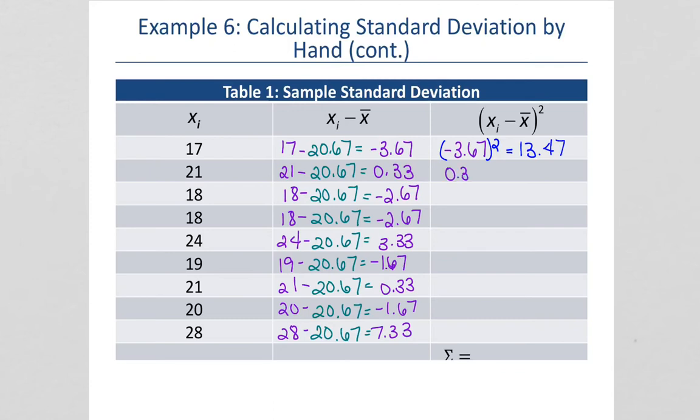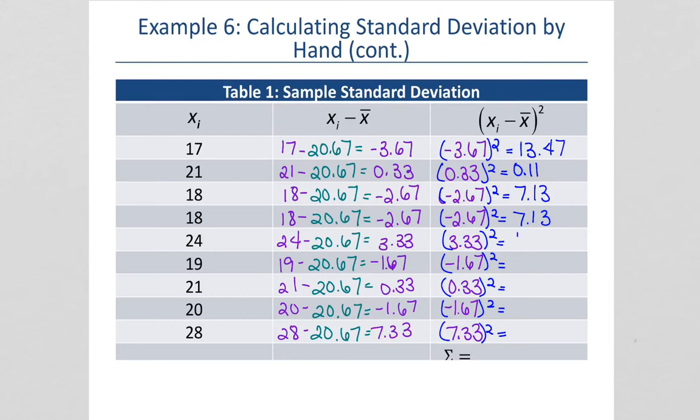And then we'll do 0.33 squared and get 0.11. Then negative 2.67 squared is 7.13. And this one was the same. And I'm going to pause while I finish this up.